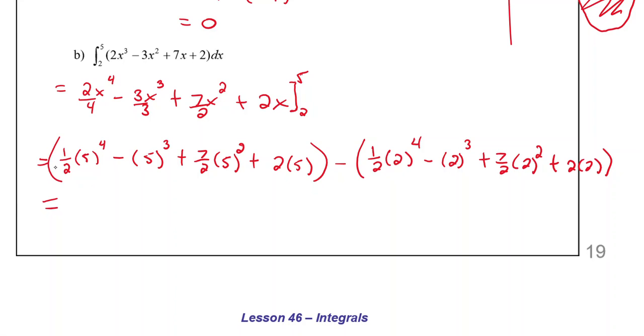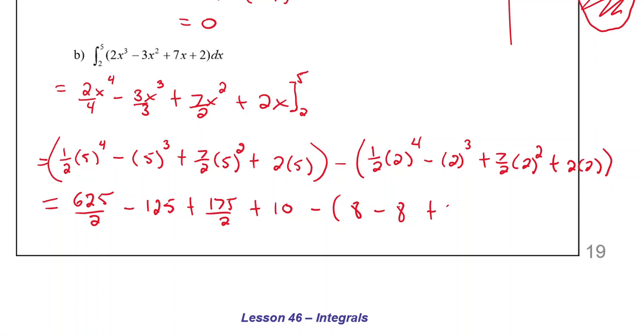So this first term comes out as 625 over 2 minus 125, 5 to the power of 3, plus 175 over 2 plus 10, and then minus, I'm going to keep this in brackets, 8 minus 8 plus 14 plus 4.